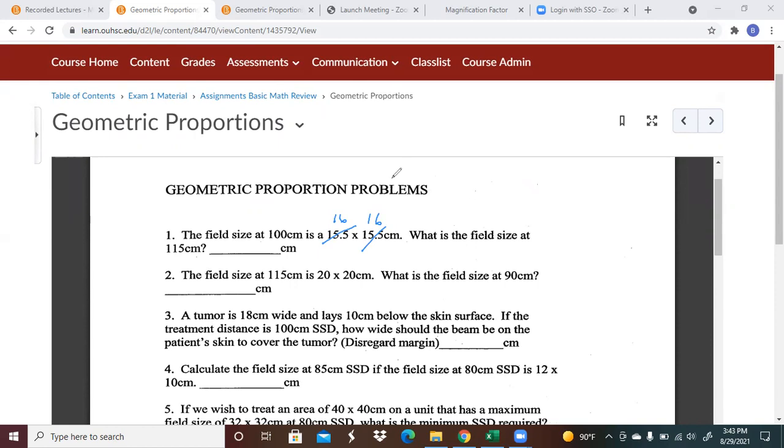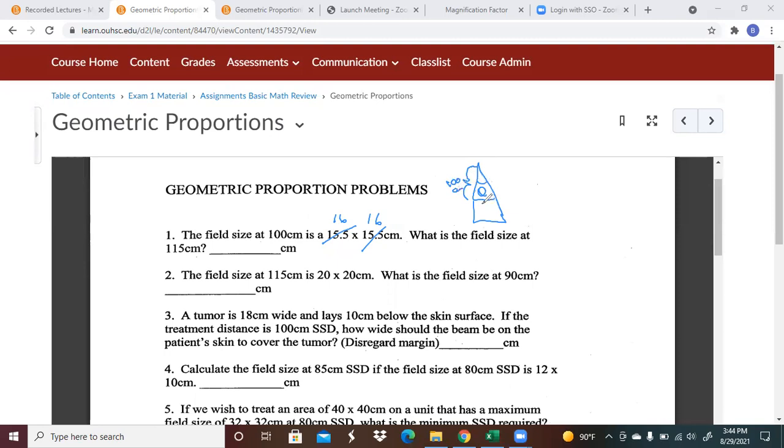Well, we're going to use the argument here for similar triangles. So this angle here is going to be the same. So if we let things go to 100, say from here to here, that's going to be 100 cm.